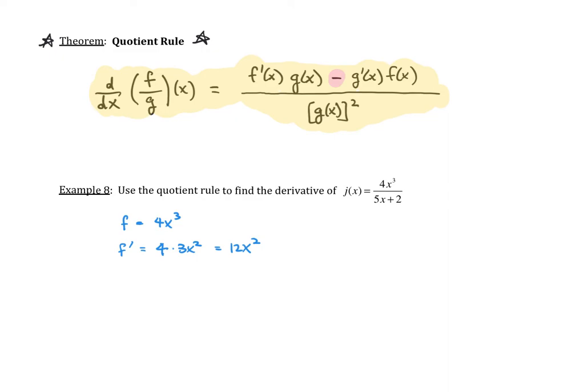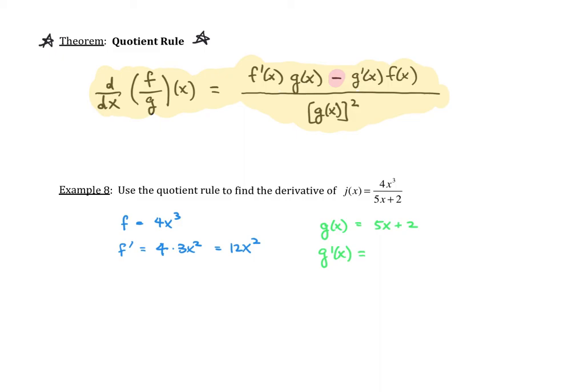So that's the f part. Let's take the derivative of the g part, the bottom function. So the bottom function is going to be g of x equal to 5x plus 2. All right. So when I take the derivative g prime of x, I have to actually use the sum rule here.